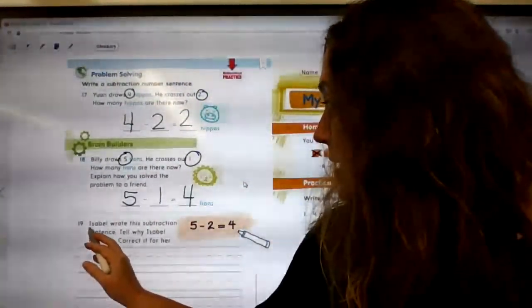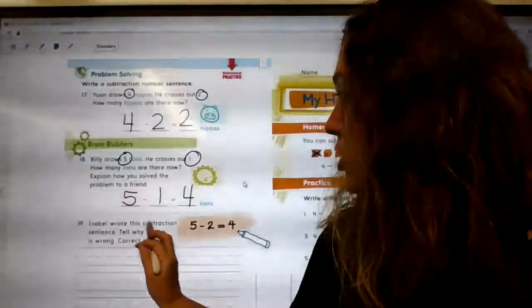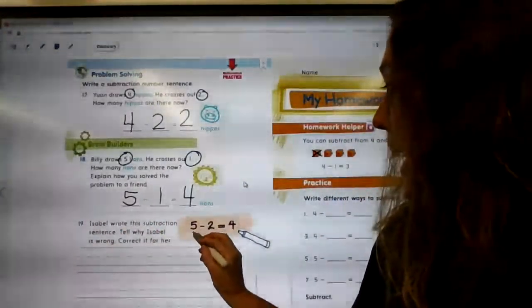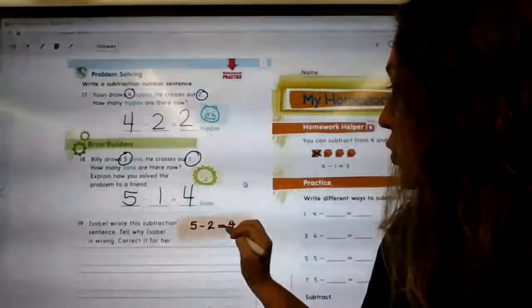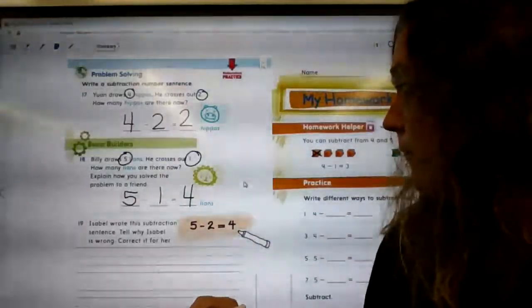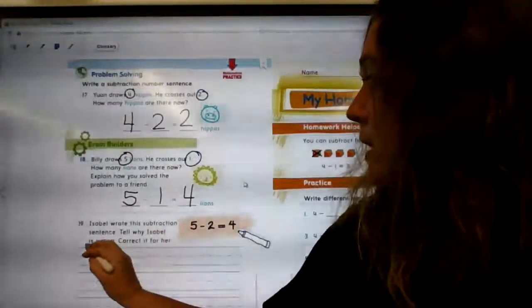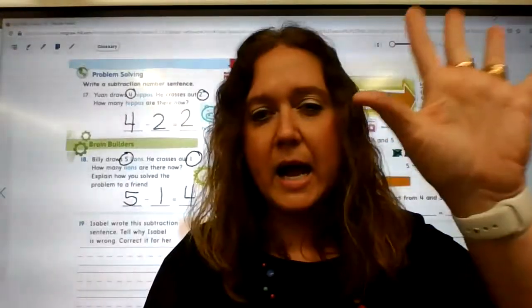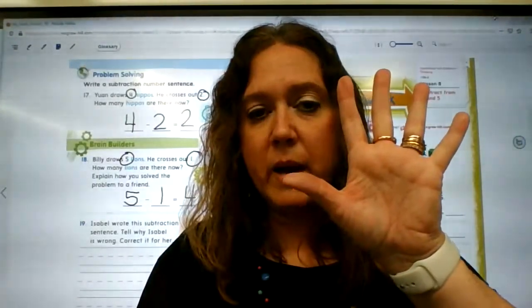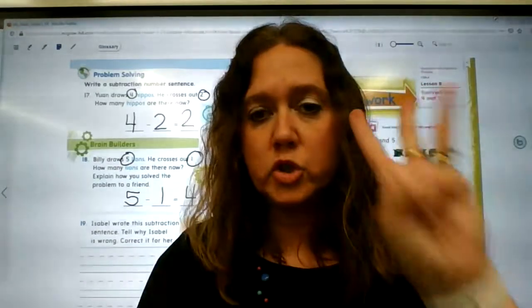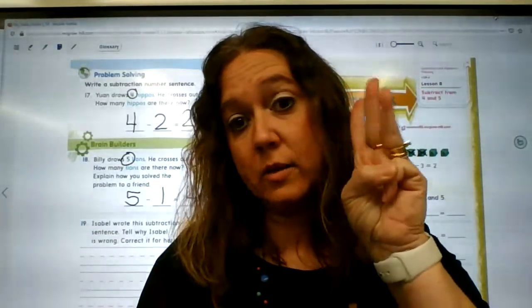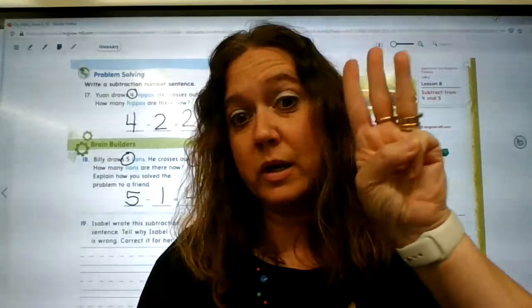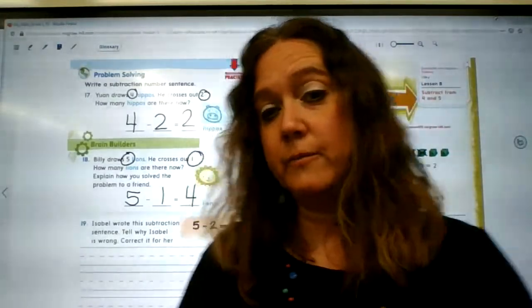Okay, number 19. Isabel wrote this subtraction sentence over here. 5 minus 2 equals 4. Tell why Isabel is wrong. Correct it for her. So 5 minus 2, she said was 4. But we know it's 3.